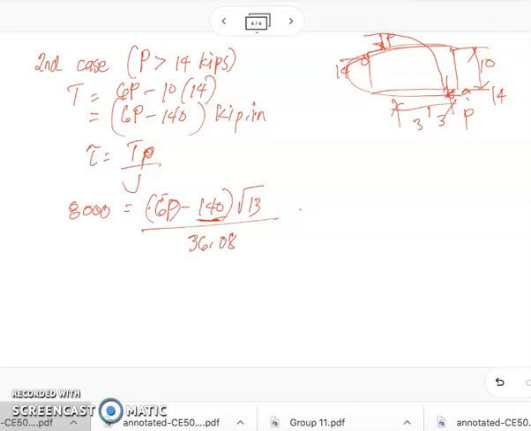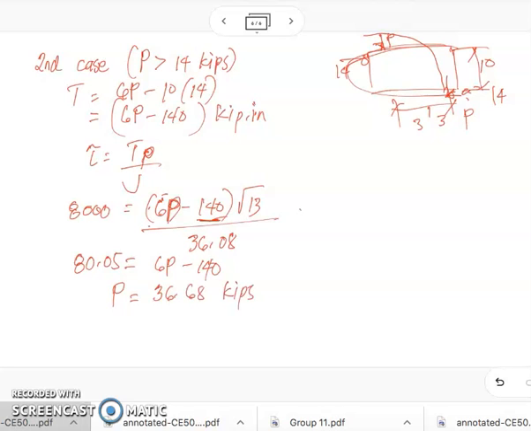If we cross multiply, we have 80.05 equal to 6P minus 140, and if we simplify further, our P here is 36.68 kips.